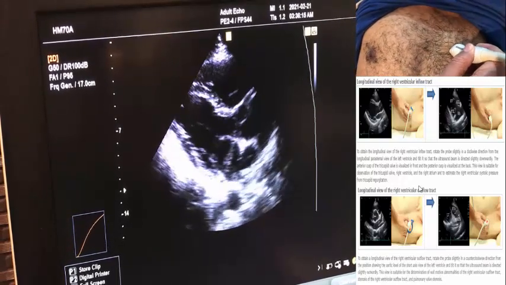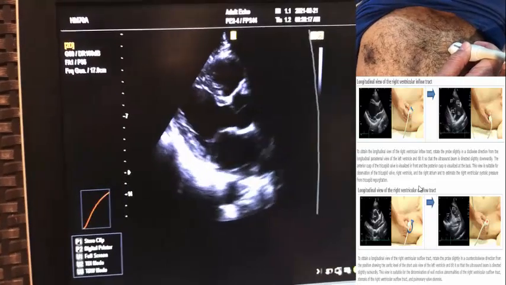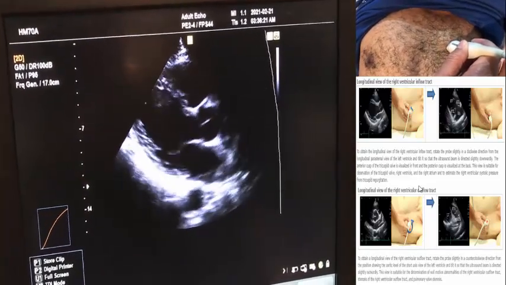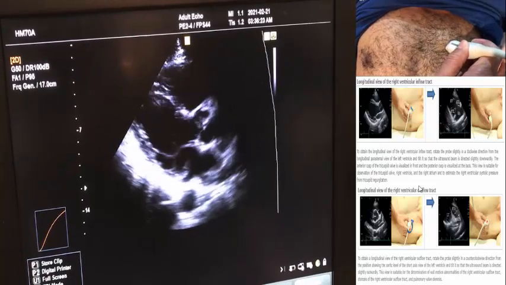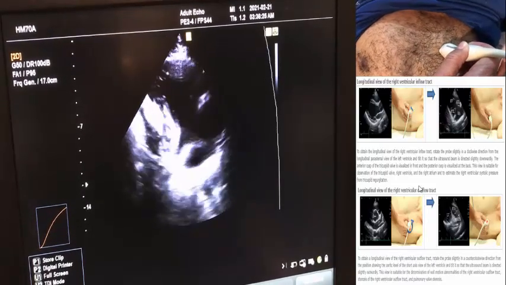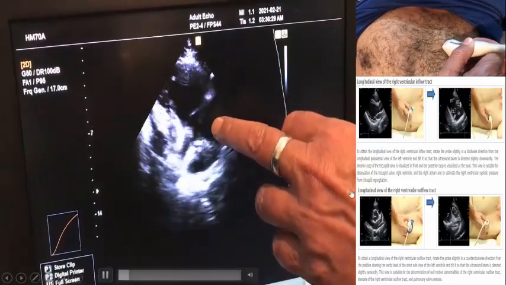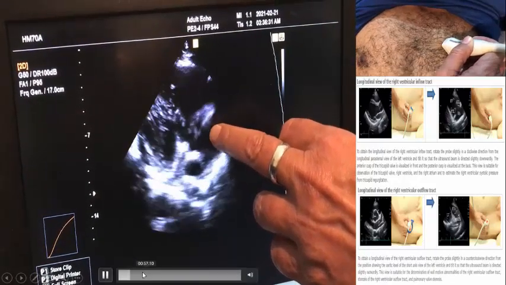From this long axis parasternal view, which is the typical view, I will tilt the probe downward. I will get this amazing inflow view of the right side.